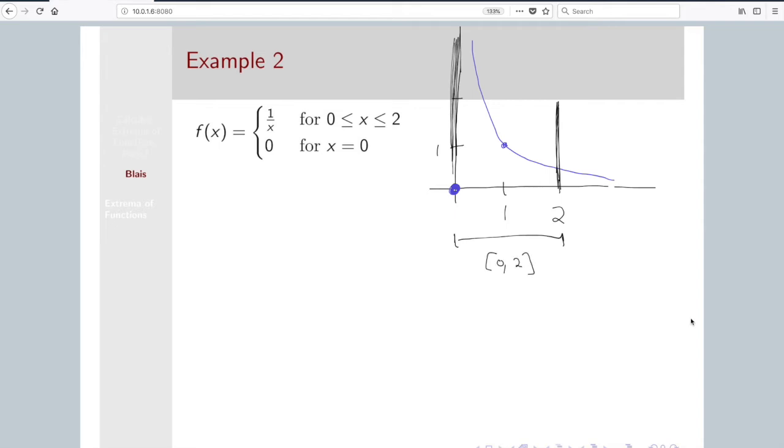And we can see that it is the case that we have a minimum value. It happens at the right endpoint. So that's f of 2, which is 1/2. So the function does have a minimum value on the interval [0, 2]. But note, there is no maximum value. This function is unbounded.